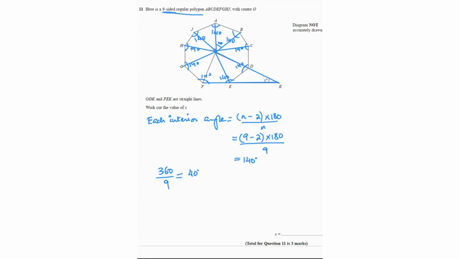Over here, now if I remove these lines, we can see that we have two triangles over here, which means this is 40 and this is also 40. So a total of 80 degrees over here. Now, since all of the lengths are equal in length, that means it's an isosceles triangle.